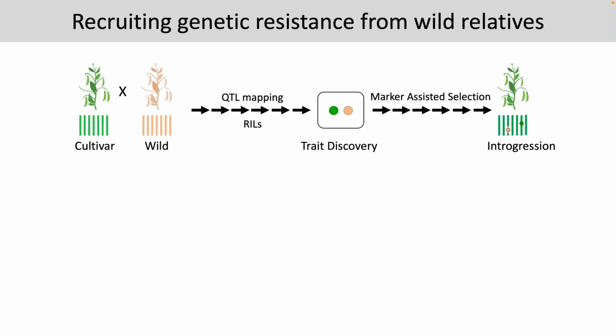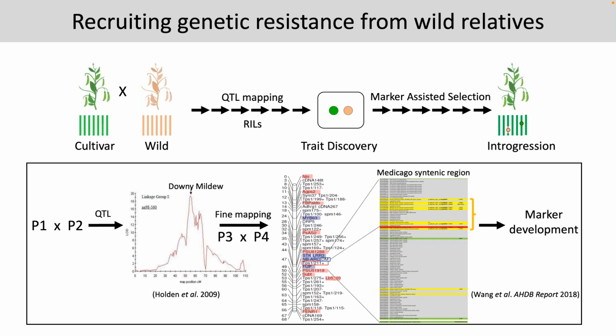Just a couple of years ago, cloning a single gene from wild relatives by crossing into cultivars was a daunting task, and it would take several years to clone a single gene, followed by a number of years for the integration into the varieties. A case in point, there has only been one gene mapped so far for downy mildew resistance in pea, and it took over a decade to map this gene and introduce it into elite cultivars.